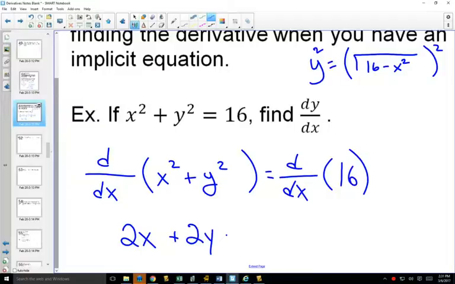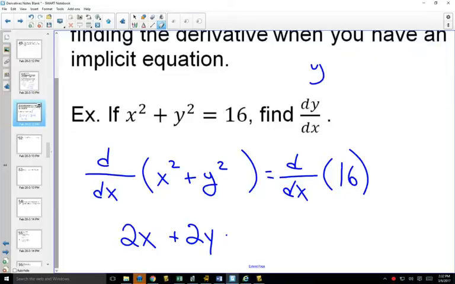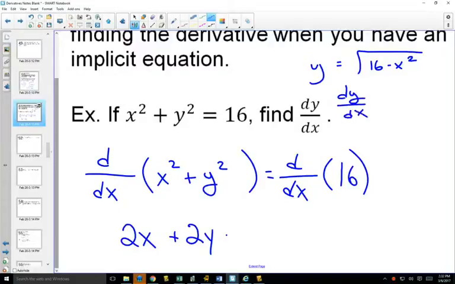And if we could get y by itself, like we did here, what would the derivative be? Well, the derivative of y is dy/dx. And the derivative of 16 is 0.